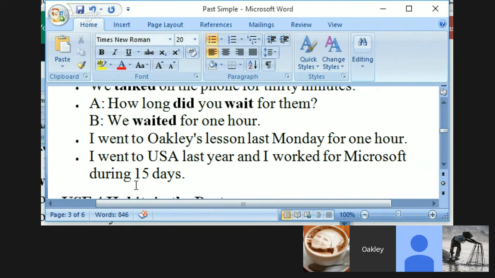We use during to show that two things happened at the same time. So you could say, for example, during my visit, during my stay. All right. Okay, but if you want to say, for example, I worked during 15 days in the same phrase, for example.